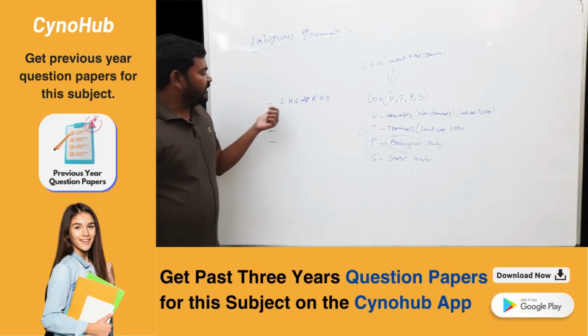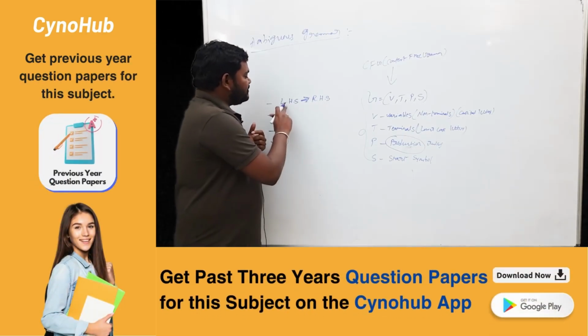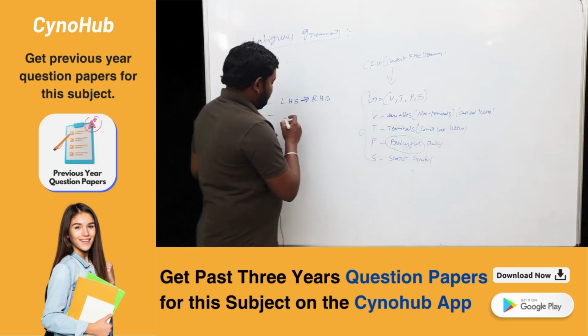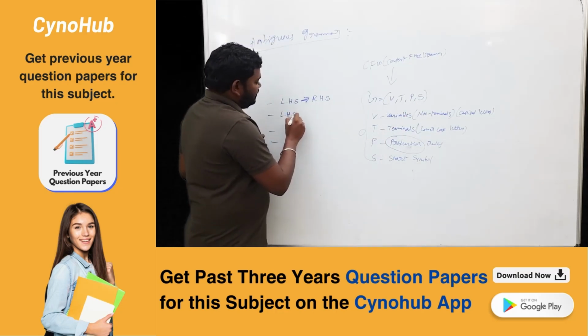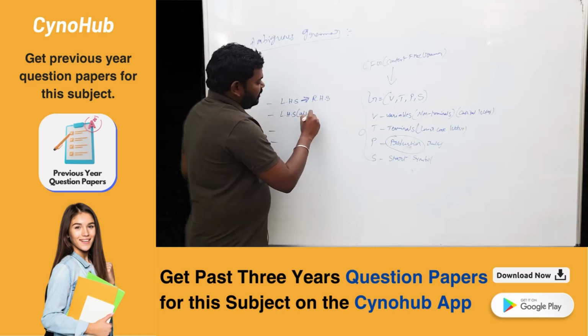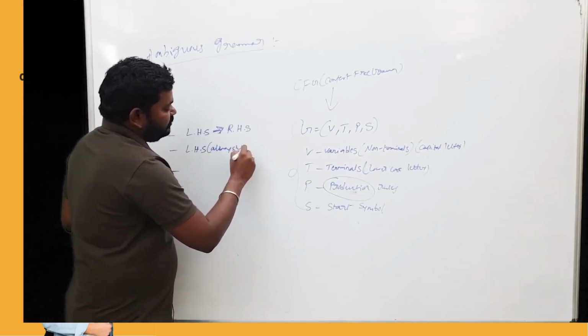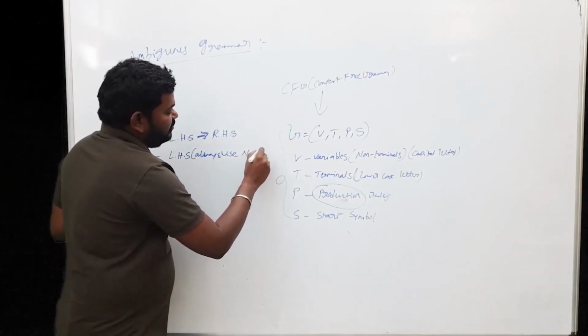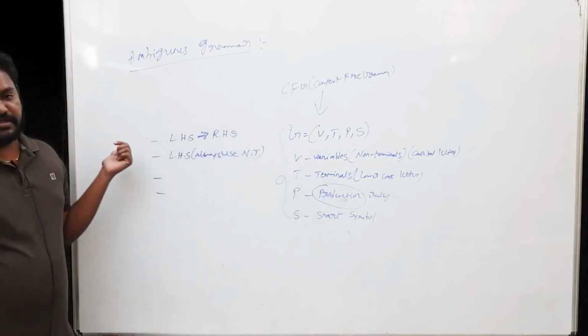In the left hand side, you should always place variables, that is, non-terminals, meaning capital letters.